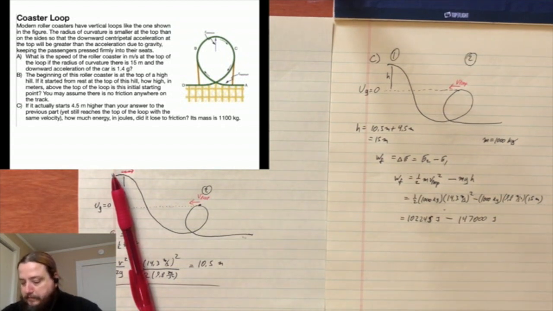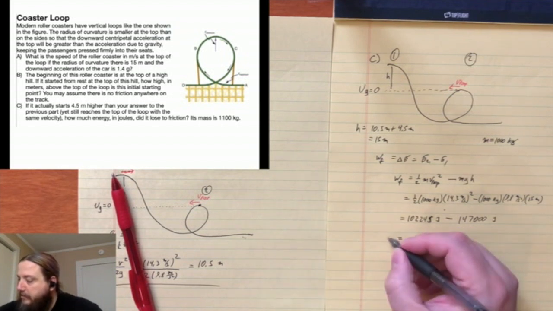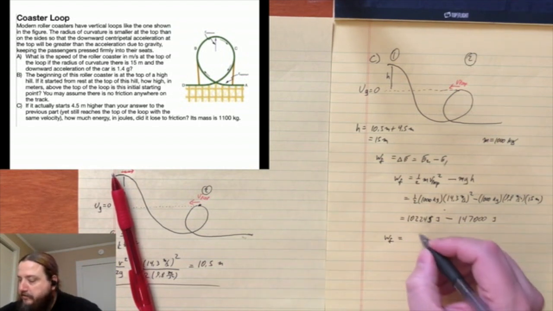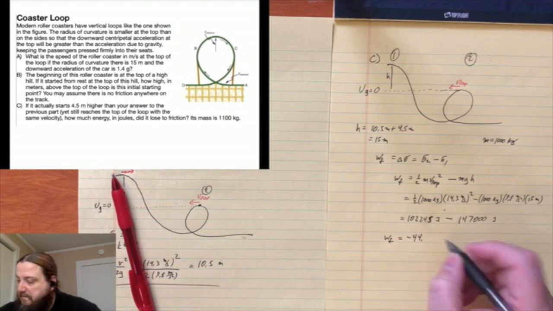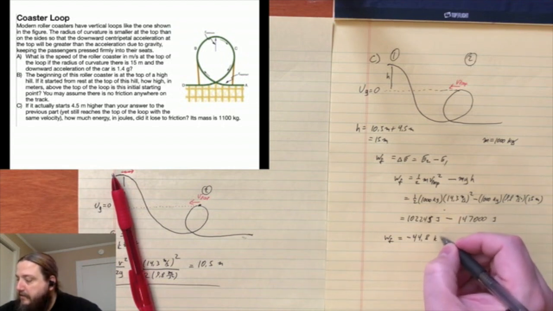So the work done by friction here is going to be minus 44.8 kilojoules.